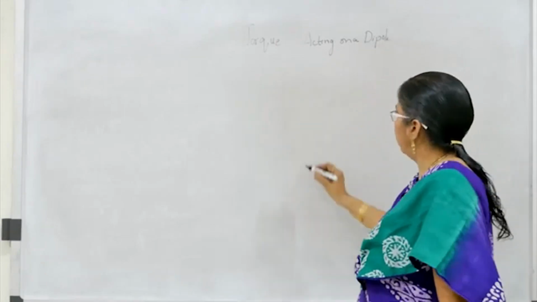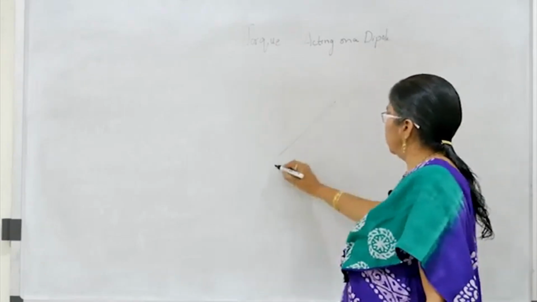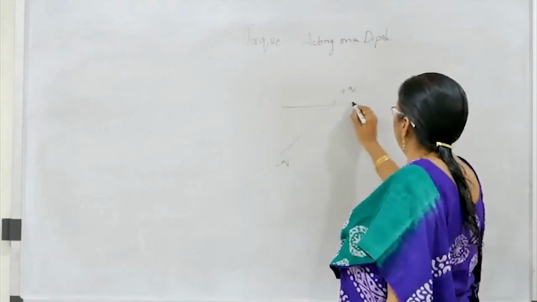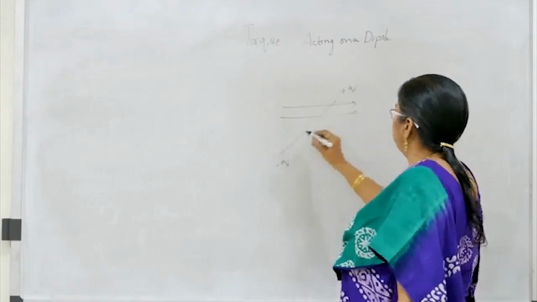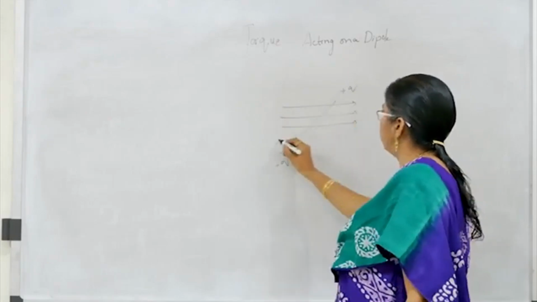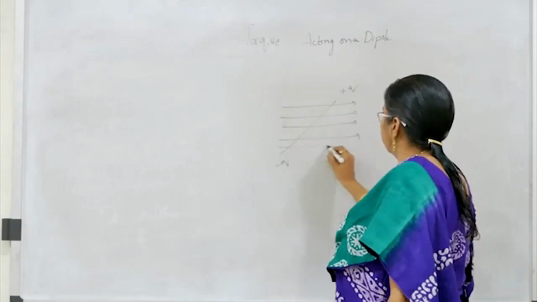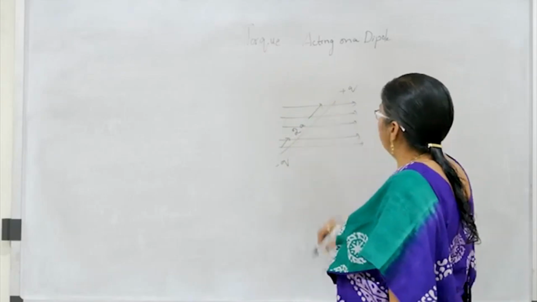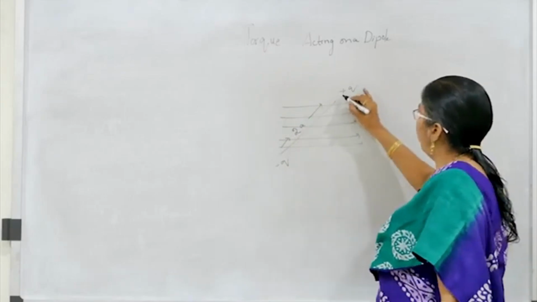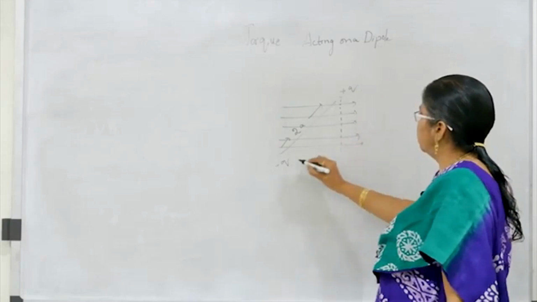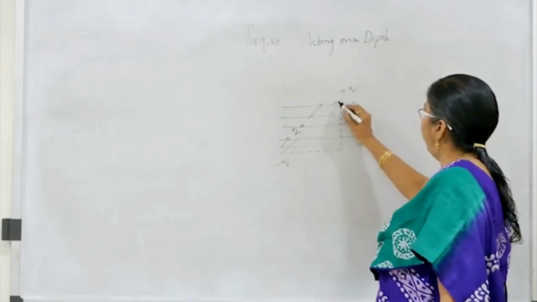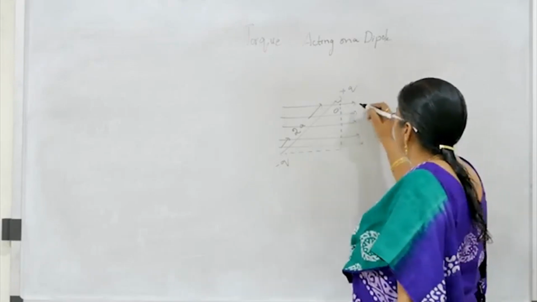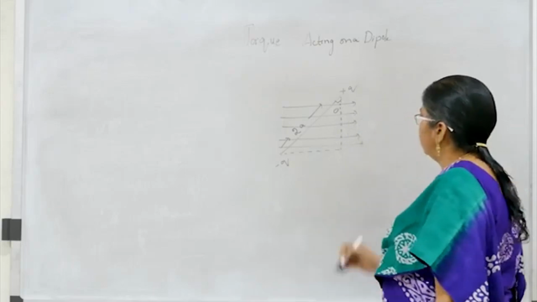So I take a dipole with charges minus q and plus q in a uniform electric field E. The distance of separation is 2a, and here I extend like this to form a triangle, and theta is the angle which the dipole makes with the electric field.